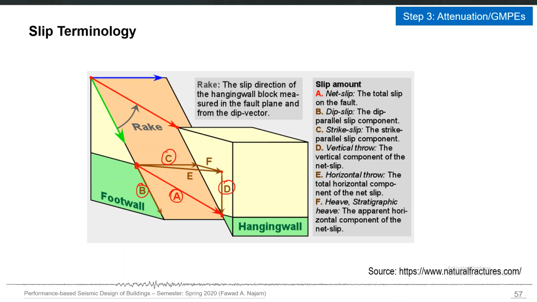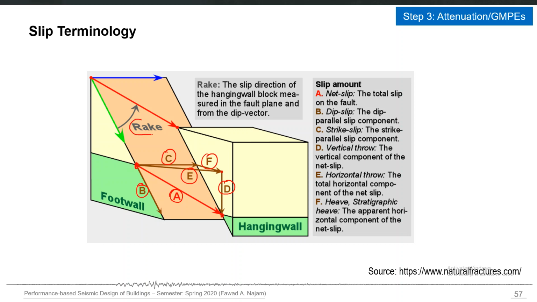It is the amount by which one part of the block or earth has moved down compared to the other part. So D is the vertical throw, the vertical component of the total slip. E is the horizontal throw, the total horizontal component of the net slip. F here is actually the apparent horizontal component of the net slip.